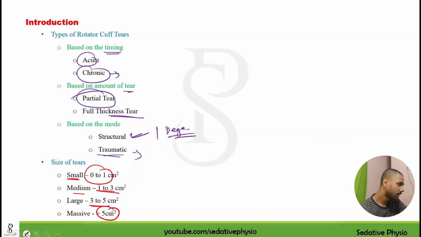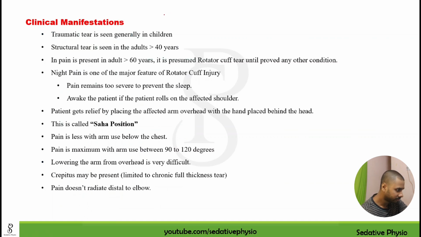Now after that, clinical manifestations. There are some common clinical manifestations, but some special ones related to rotator cuff tears. First, the traumatic tear is generally seen in the children. I have just told you that if there is a traumatic type of tear, it will be in the children, or vice versa: if it is a child, we will see the traumatic type of tear.